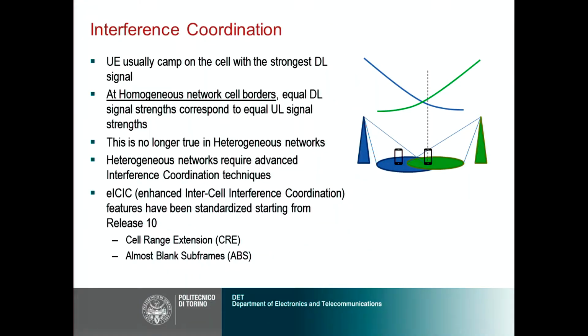Now, the problem with network densification and this multi-tiering is you have to deal with interference. Normally, UEs associate, or as the terminology goes, they camp on the cell with the strongest signal.